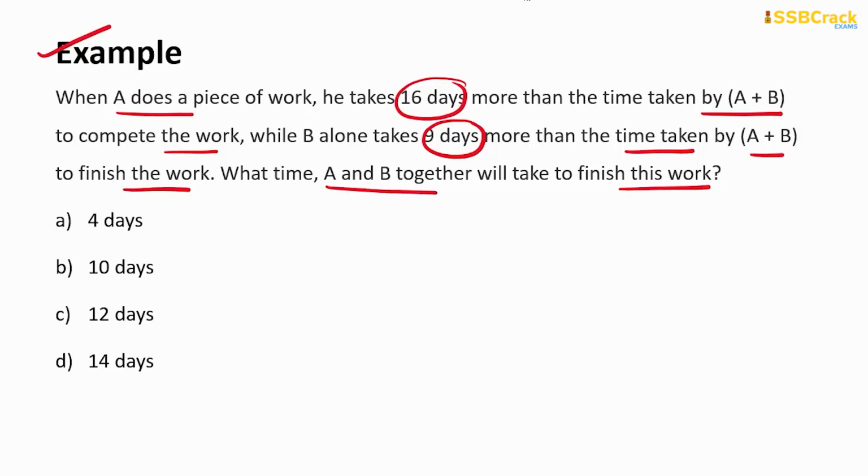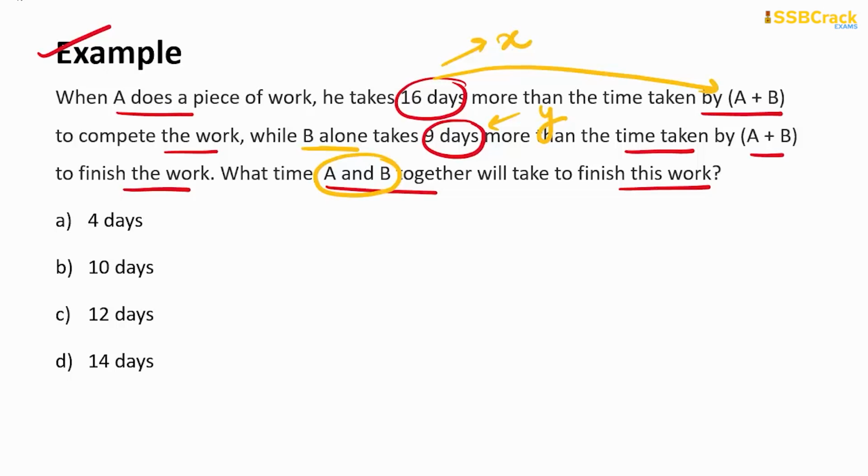So here we can directly see that A is taking 16 days more than the time taken by A plus B, so our X will be 16, and B is taking 9 days more than A plus B, so here Y will be 9, right?